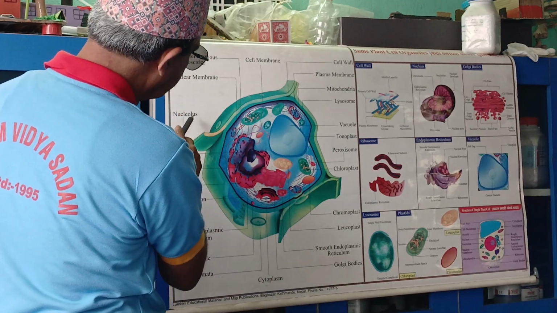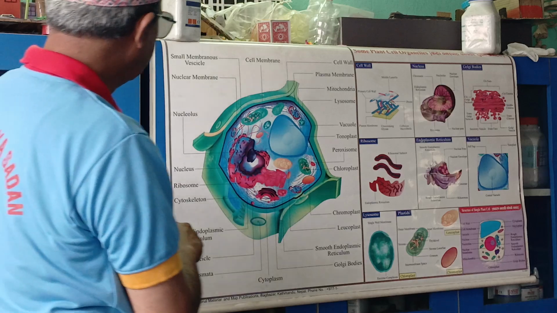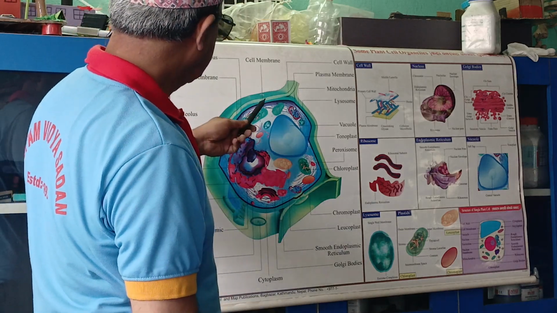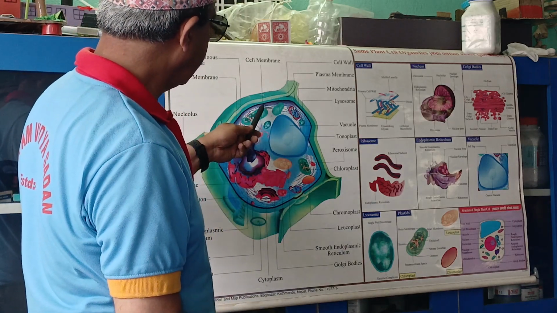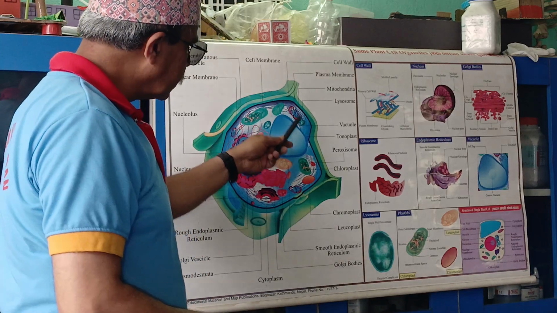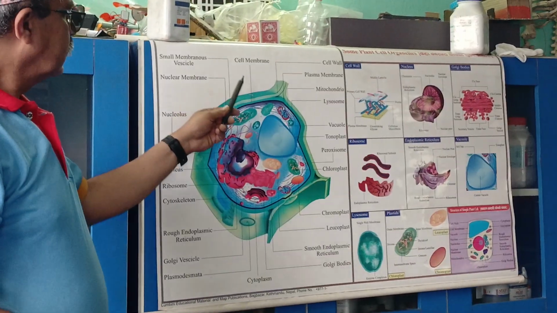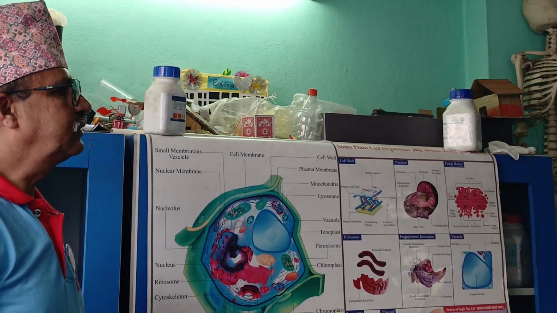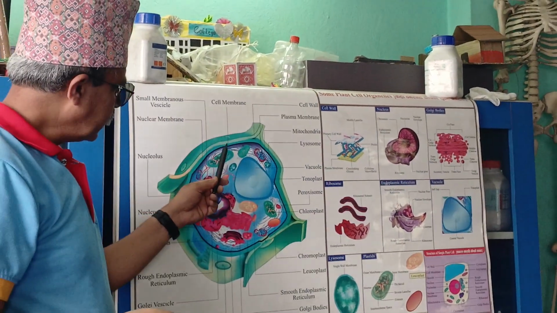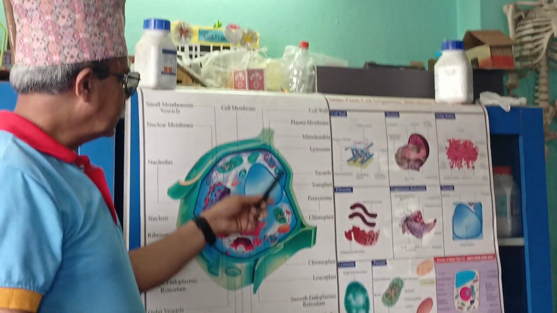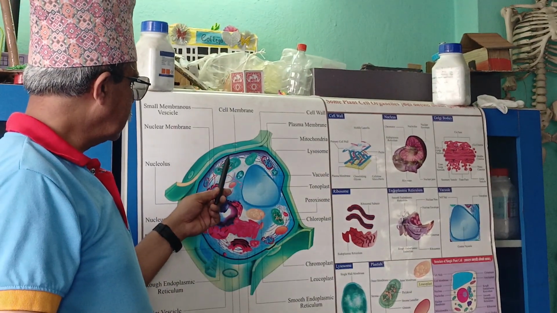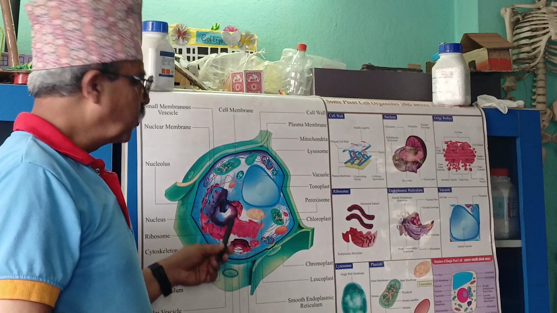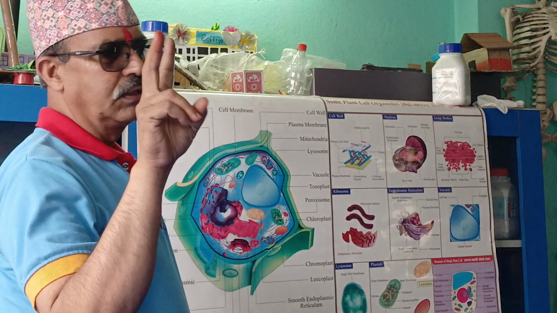Then the next one is what they have shown: the cell wall outside, the cell membrane here, and the part of the cell that lies inner to the cell membrane is called protoplasm. What do you call it? Protoplasm. Protoplasm contains mainly two parts.